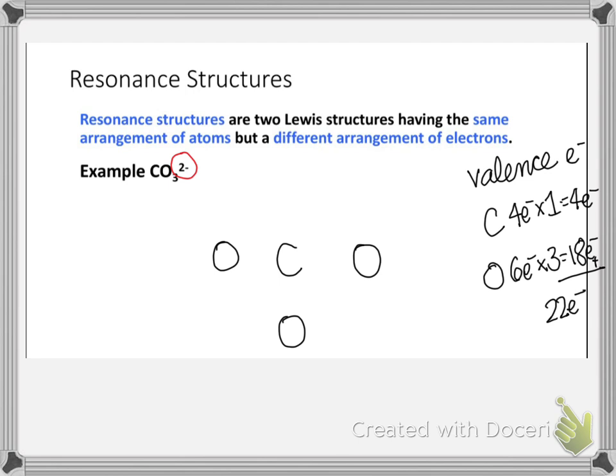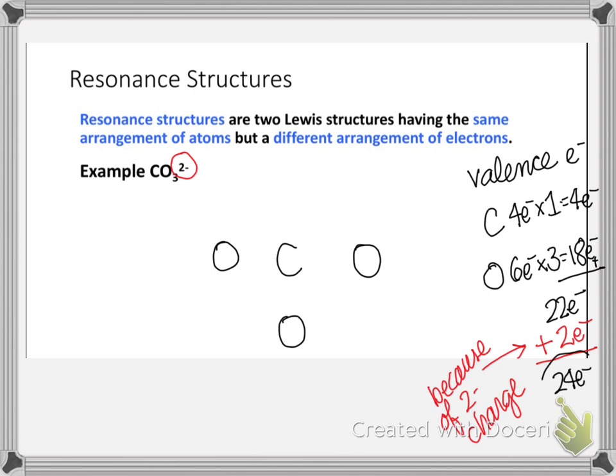So this is what that means for us in Lewis structures. Because it's gaining 2 electrons, we have to add 2 to our total. So our total is actually not 22, but 24 electrons.